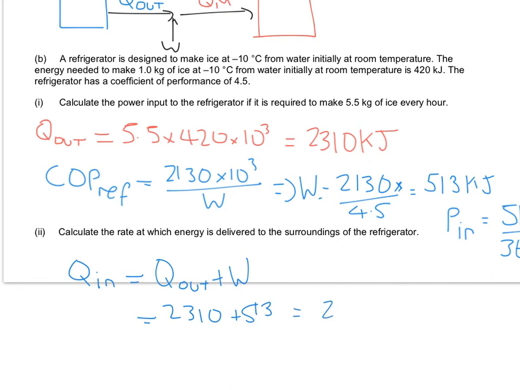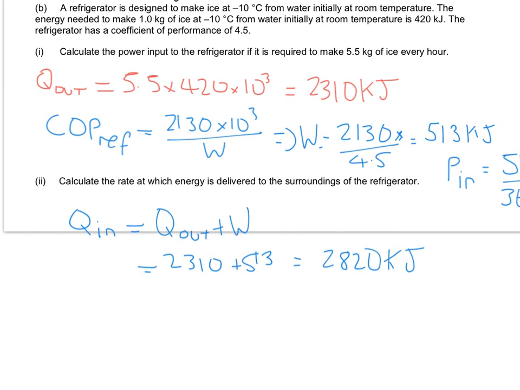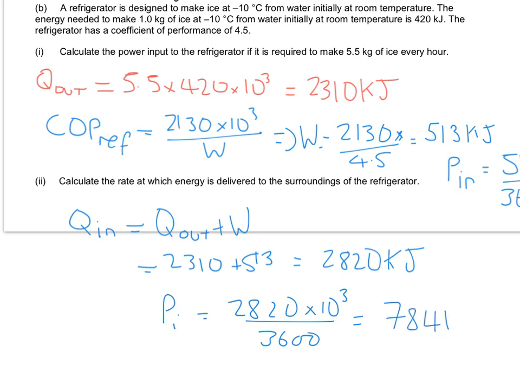Using the unrounded versions, you get 2820 kilojoules. So then we've got the work done. We need to convert that to a power. And that's going to be 2820 times 10 to the 3 divided by 3600 to get power, and that gives you 784 watts of power delivered to your surroundings in the form of heat.